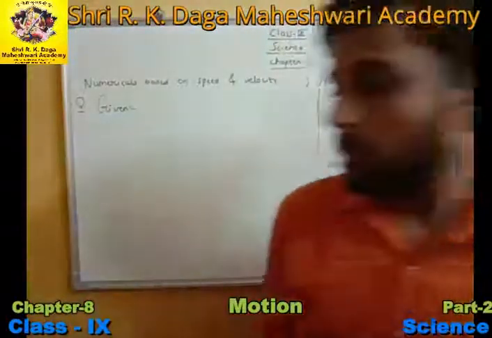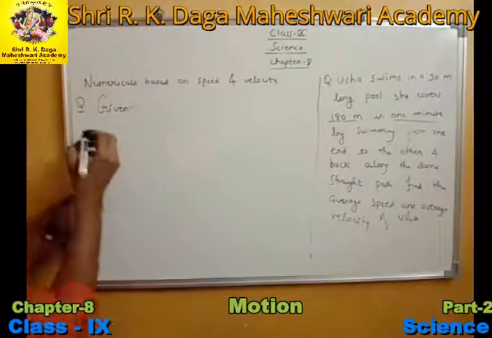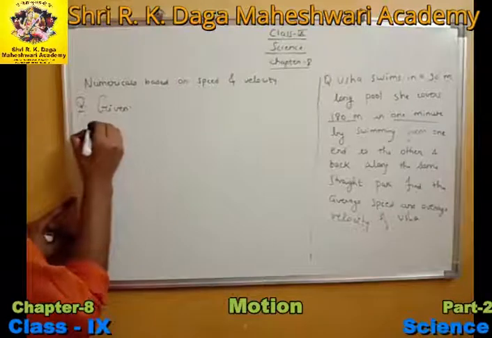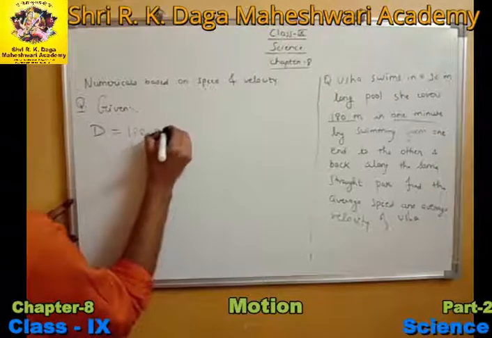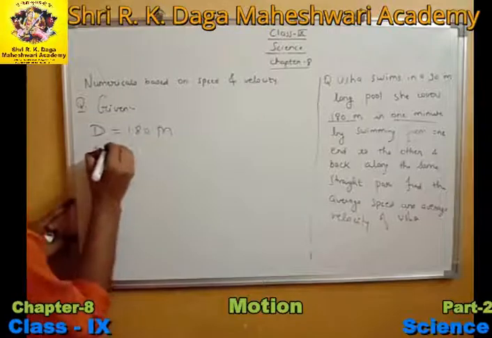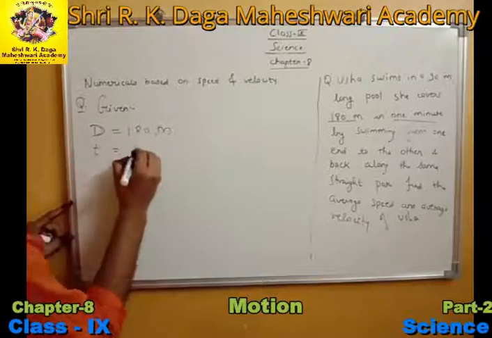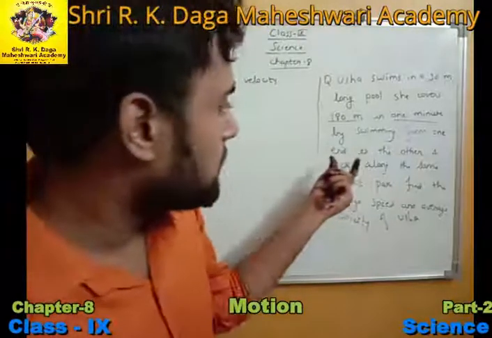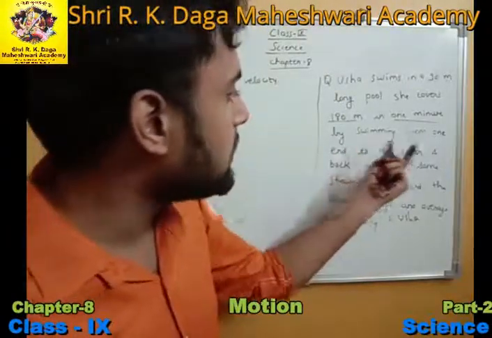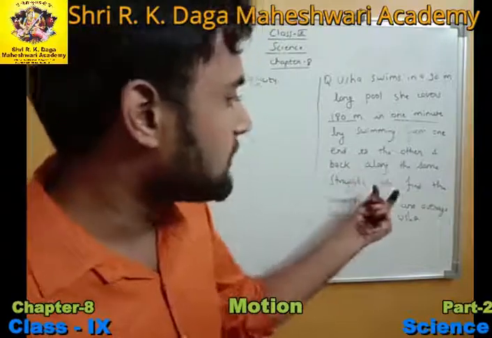So the distance traveled by Usha is 180 meter, and the time taken by Usha to cover this distance is 1 minute, from one end to the other and back along the same straight line path.